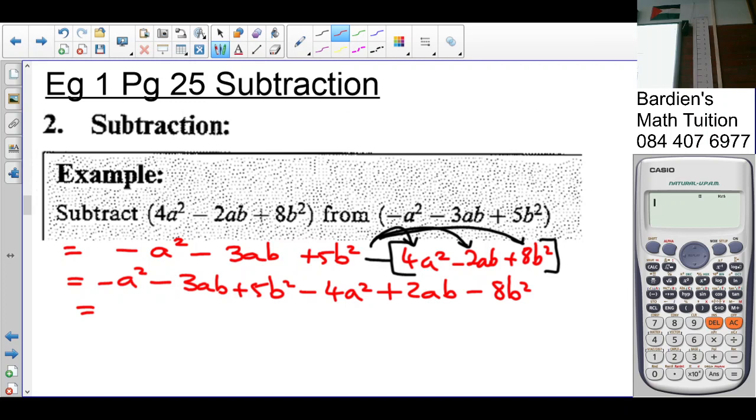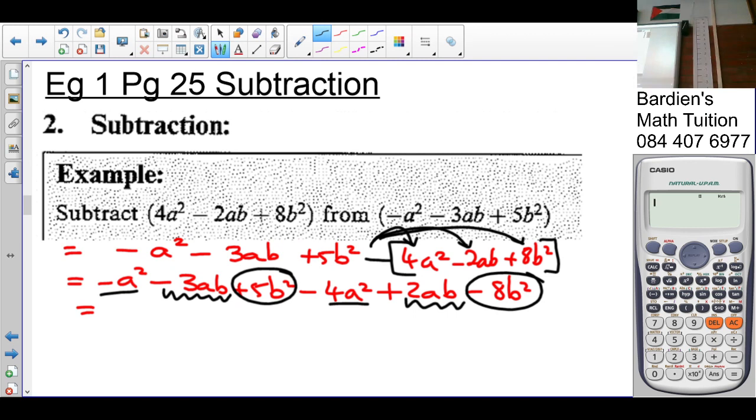Right. Like terms. So we are in like terms: negative a squared and negative 4a squared, negative 3ab and 2ab, 5b squared and negative 8b squared. You all agree with that? Any confusion?